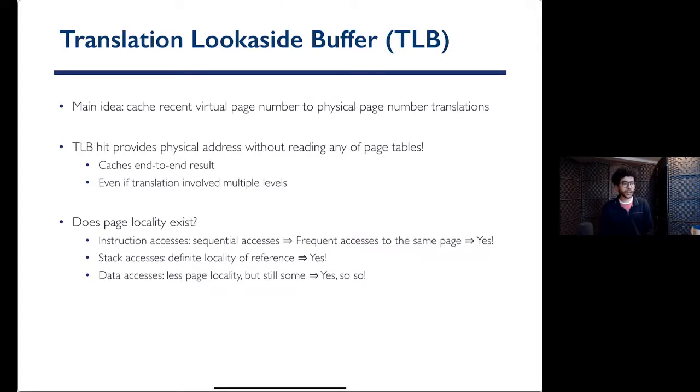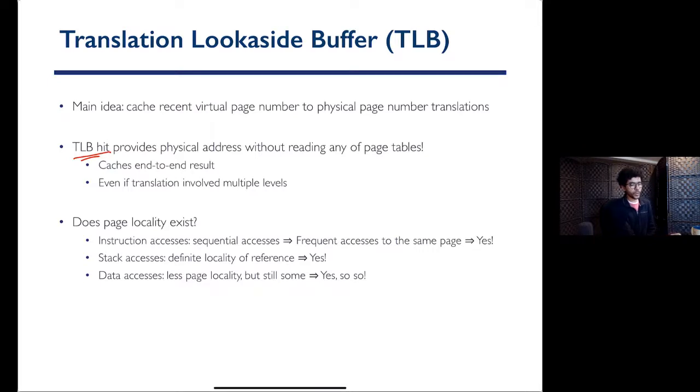The cache that is used for caching virtual to physical address translation is called the translation look-aside buffer, TLB. So if you hit in the TLB, this means that you have found your translation. Congratulations, you don't need to go to your page tables anymore. If you miss in the TLB, then you have to go and do the translation.